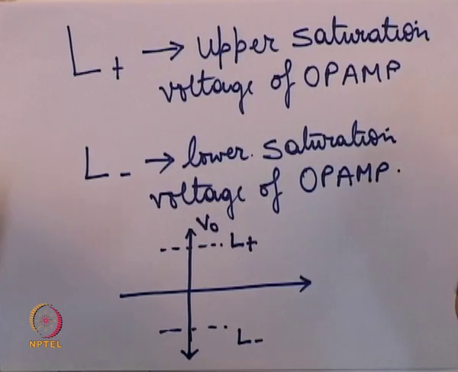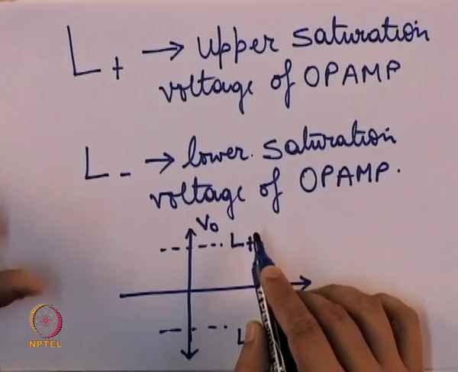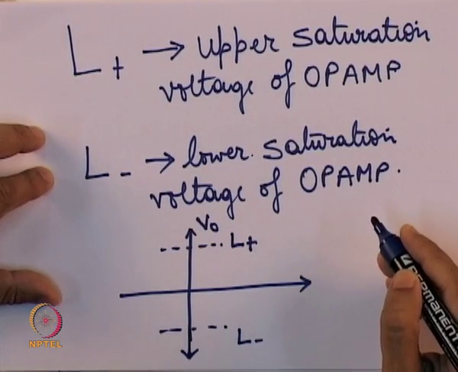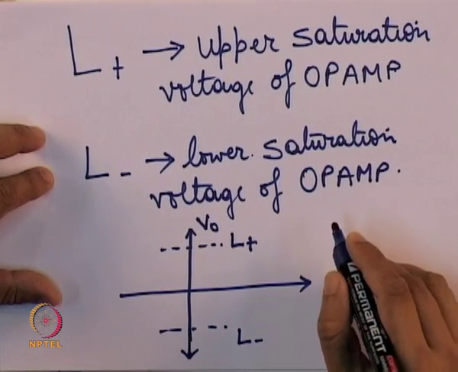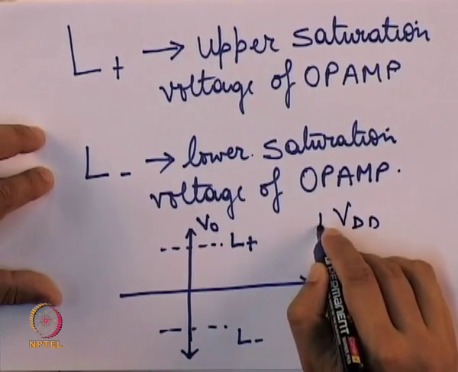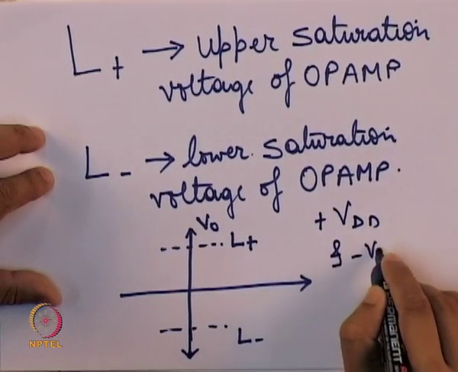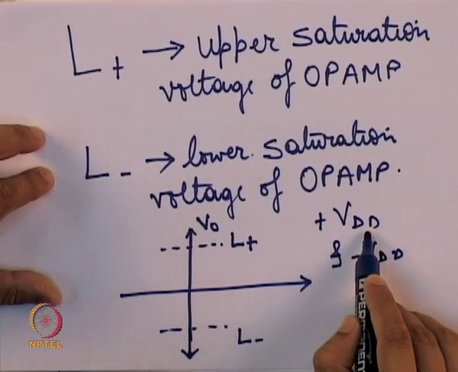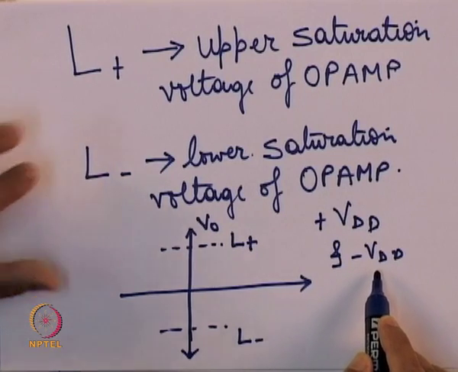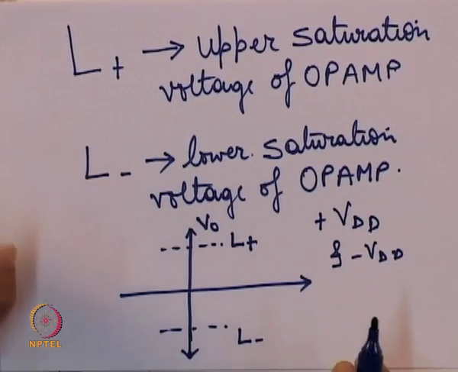Now, usually, as I had said earlier, L plus and L minus correspond to the upper and lower supply voltages. That is, suppose my supply voltages are plus VDD and minus VDD, then L plus will correspond to plus VDD and L minus will correspond to minus VDD. This is the rule, but not always true.